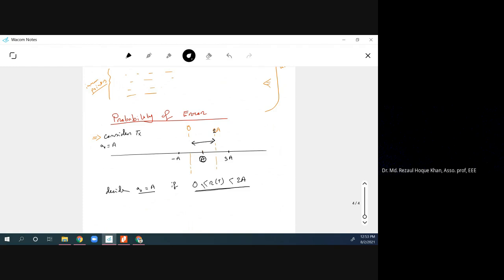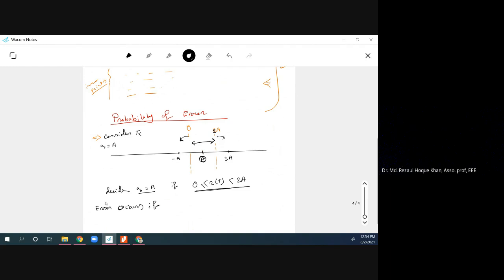But if not, what happens? Or when the error occurs. So error occurs in two ways. Either RT is greater than twice a, or RT is less than 0, isn't it? Then this constellation will be received wrongly.